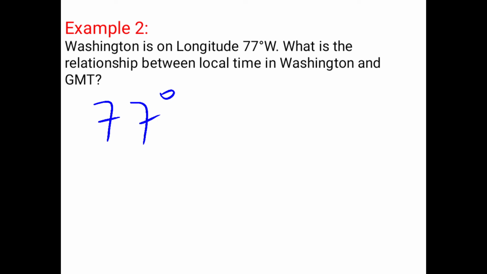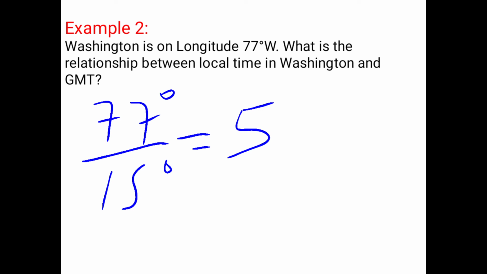So to understand the time difference, we'll divide by 15 degrees. 15 into 77 is 5 times, 5 times 15 is 75. That is going to give us what?